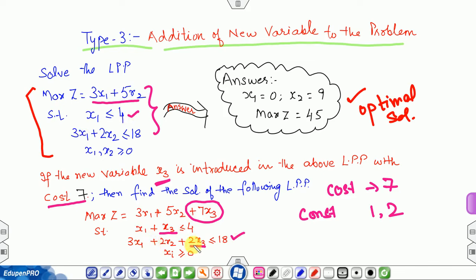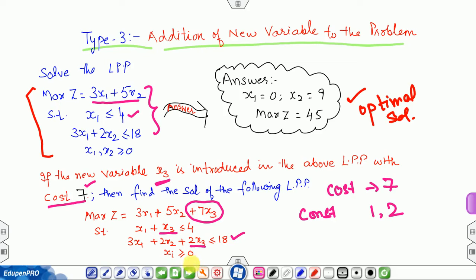You have to find the impact of adding x3 to this LPP, whose cost is 7 and whose constraint coefficients are 1 and 2. Is the optimal solution 0, 9 the same for this problem or not? This is the main task of today's topic.